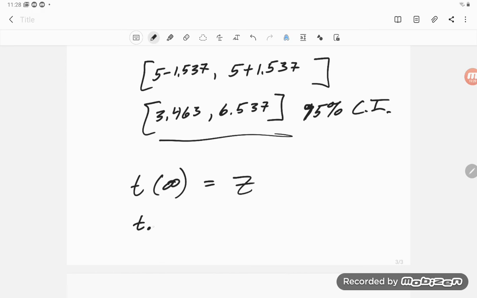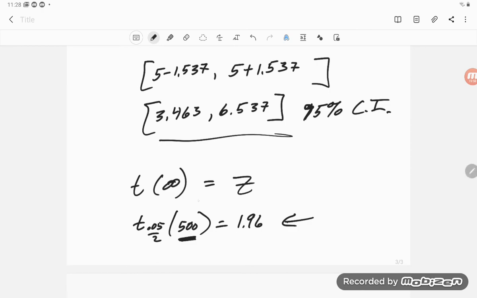T 0.05 over 2 of 500 is equal to 1.96. And it never goes below that because of the way the t-distribution is made. It's based on the normal distribution, and it's just asking about sample size. So when you get up to 500, there is absolutely no difference in the numbers between the t-distribution and the normal distribution.